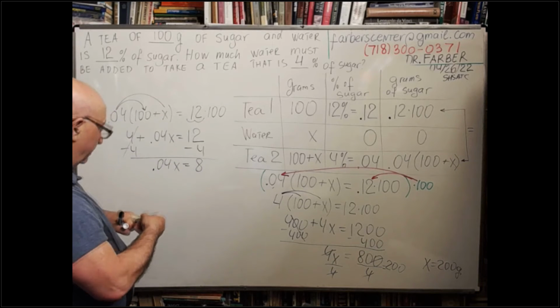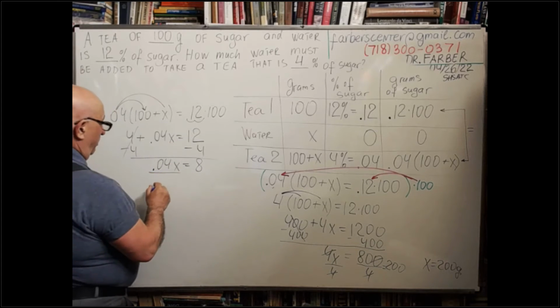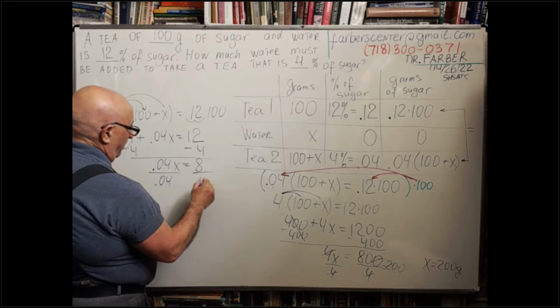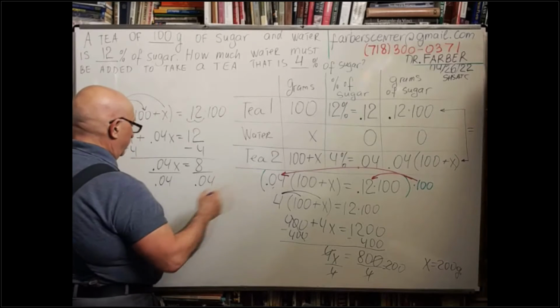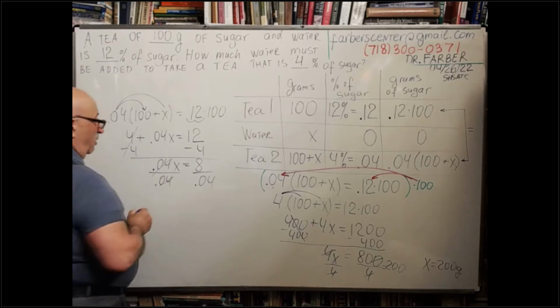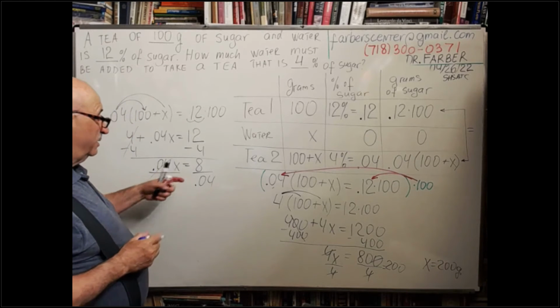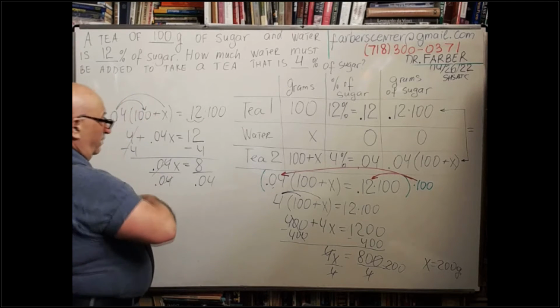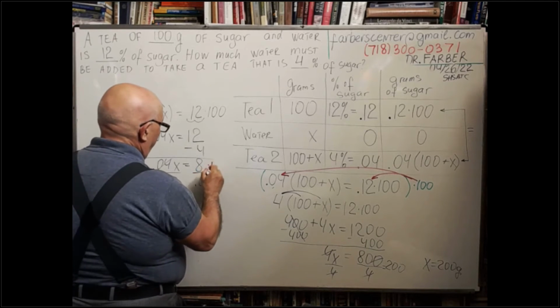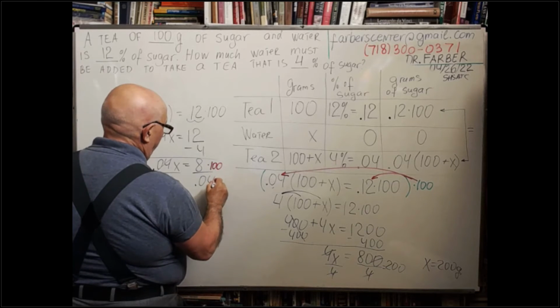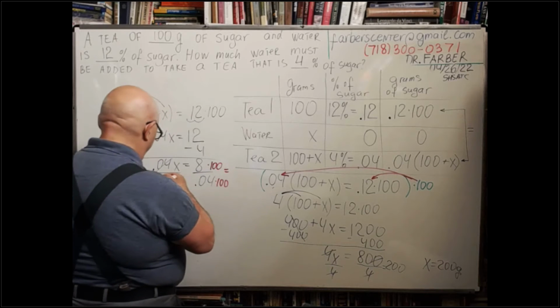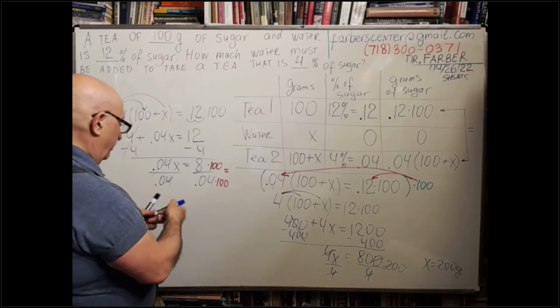To find x, you divide both parts by 0.04. Just compare this and this, what happens. How in fourth grade do you divide by decimals? To divide decimals, get rid of the decimals. I multiply this by 100, numerator and denominator, like you did in fourth grade in the Common Core curriculum.